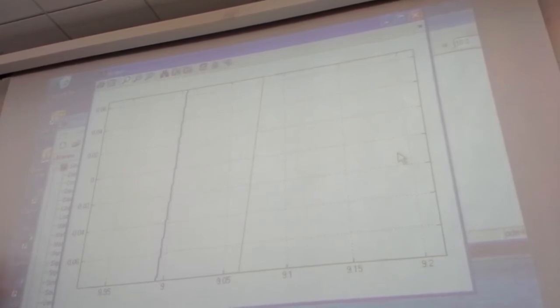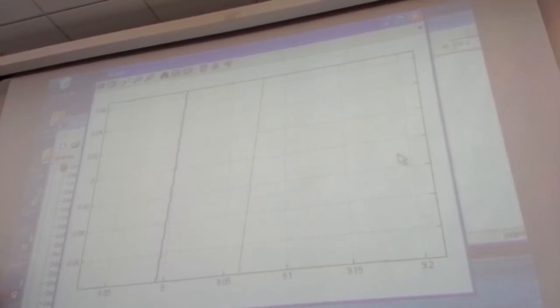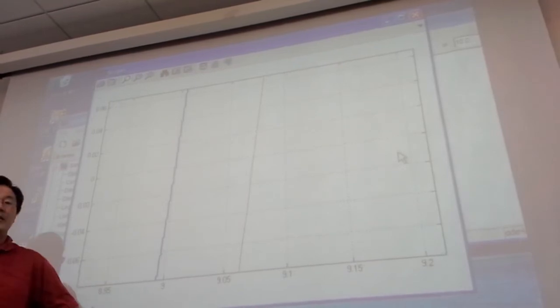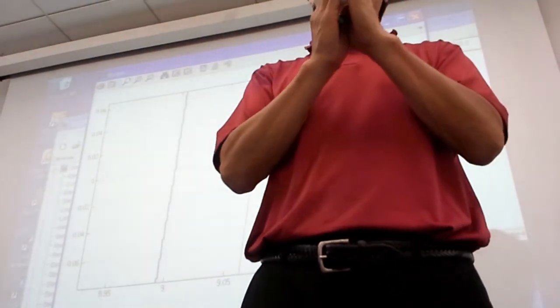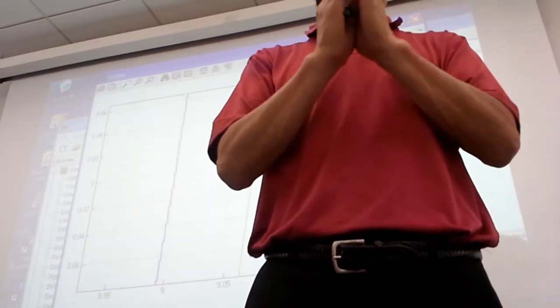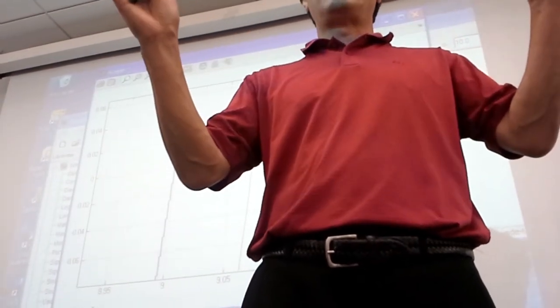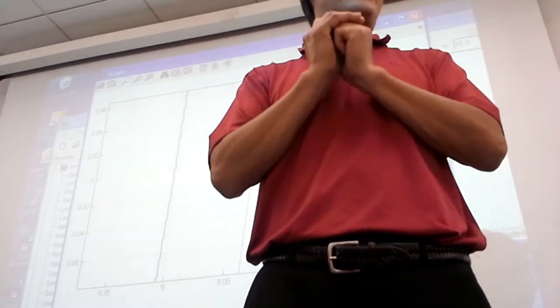You apply that one and see how much gain and how much phase delay you have. Less phase delay or less time delay is easier to control. If there's lots of time delay, somehow you need to compensate.